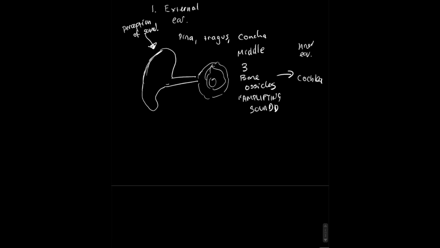This is basically a very hard bone encapsulating fluid, and it's got two windows that open, and inside are all the receptor cells, and we'll talk a little bit about how that works shortly. But that's essentially what it looks like.